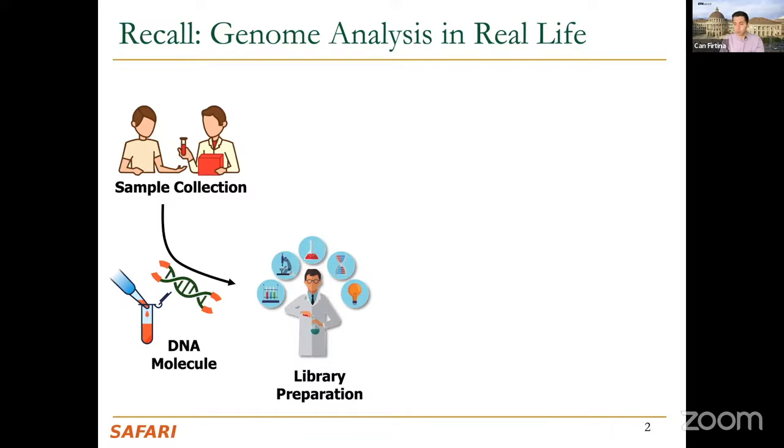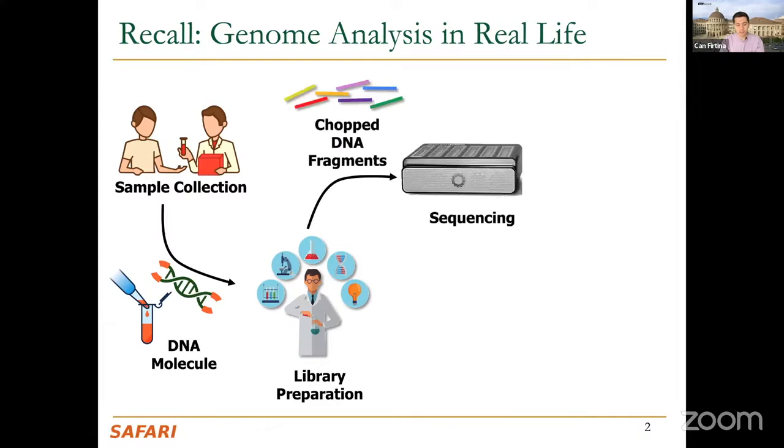The library preparation usually includes a few steps such as purification, removing other particles that we are not really interested in, and also amplification, for example, multiplying the amount of DNA fragments such that these DNA fragments can be sequenced perhaps many times using these DNA sequencing technologies.